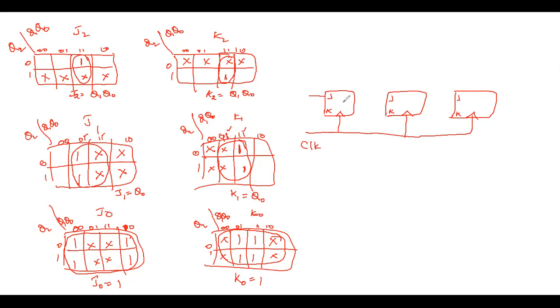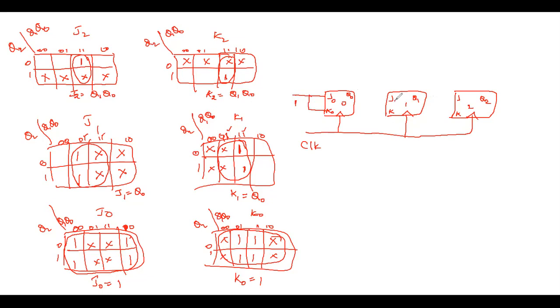This is the 0th flip-flop, first flip-flop, second flip-flop, with outputs Q naught, Q1, Q2. For the first one, J naught and K naught are always 1.